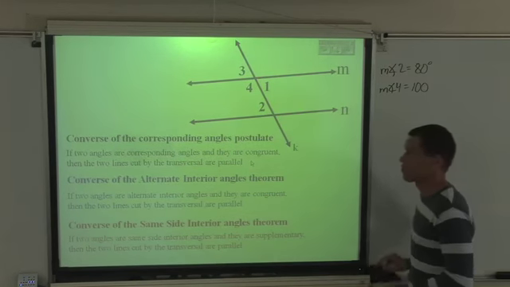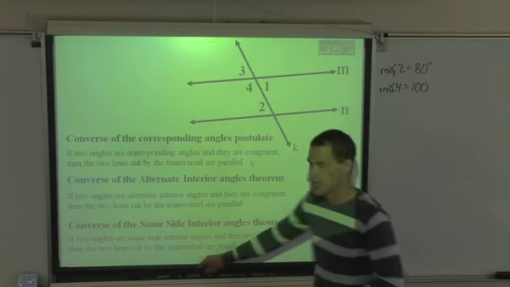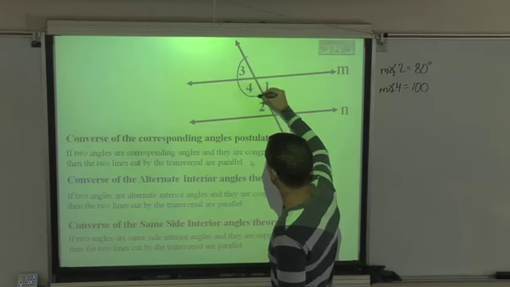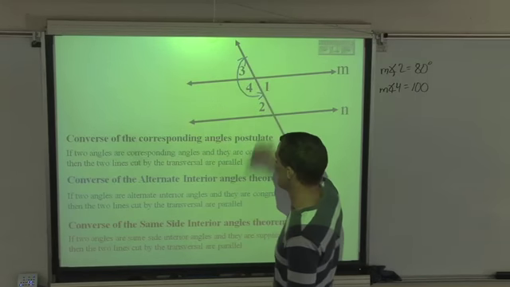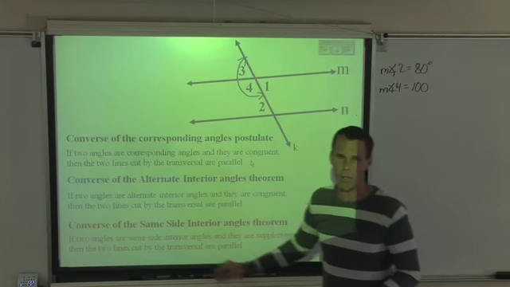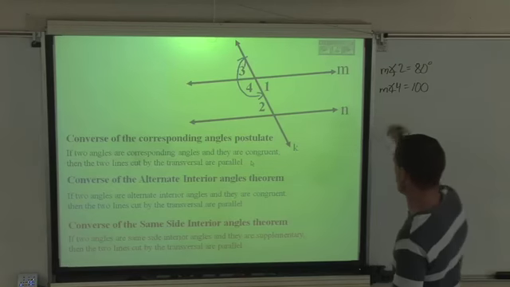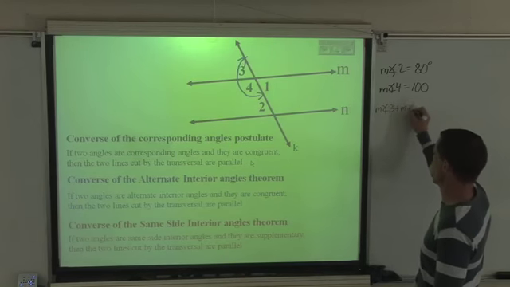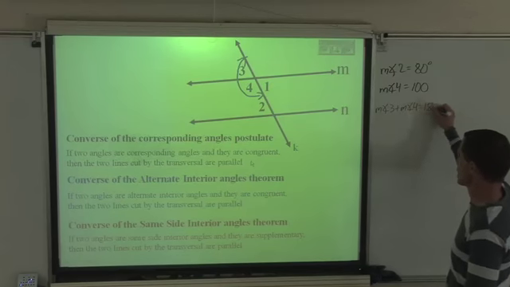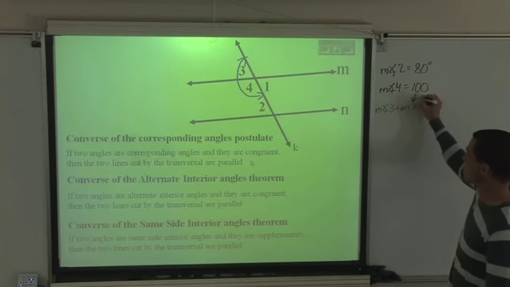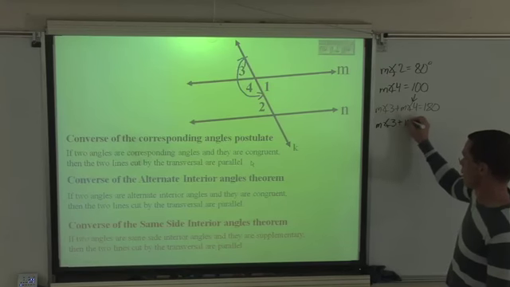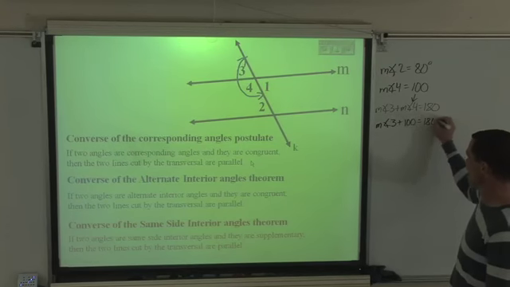One of the facts that we also know about this problem is that angle 3 and angle 4 have to add up to 180 because they form a line, adjacent angles that form a line. The measure of angle 3 plus the measure of angle 4 equals 180. Now, with some substitution, the measure of angle 3 plus 100 equals 180.